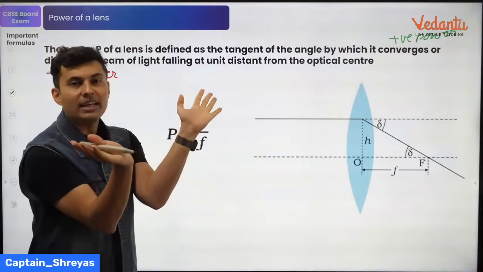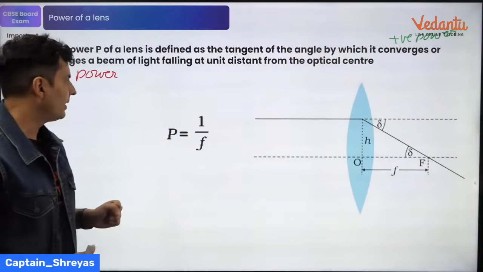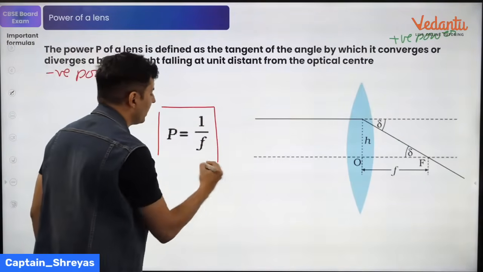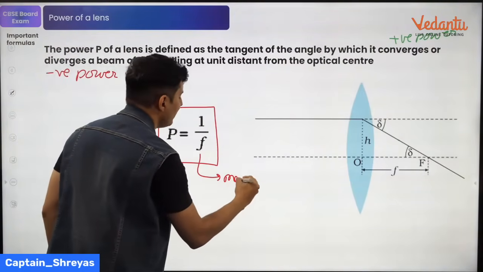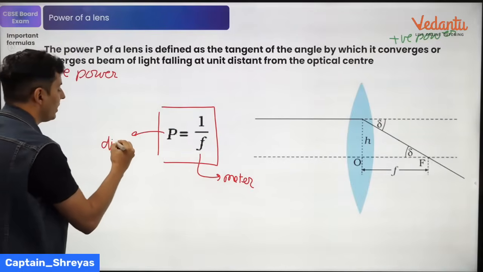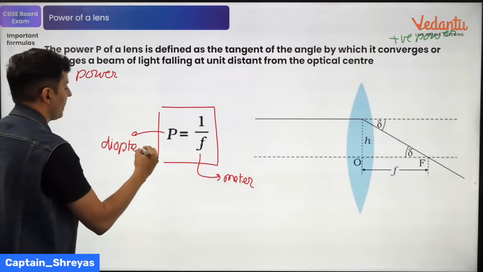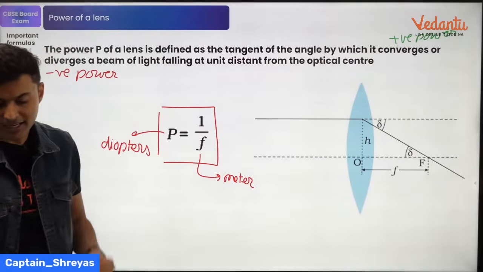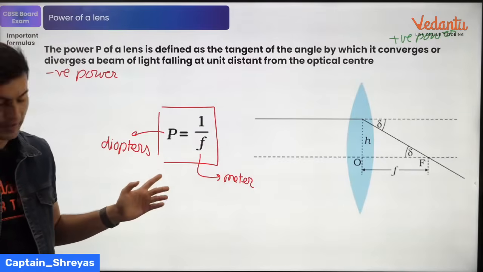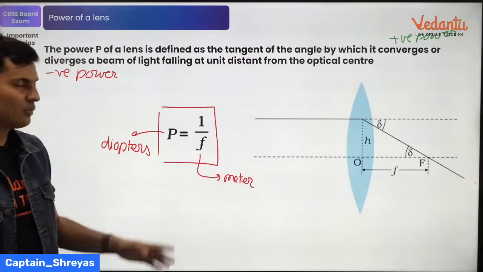If it diverges very easily, it has good negative power. And it is the reciprocal of the focal length. Remember, only if focal length is expressed in meters do you express the power in diopters. Okay, understood, guys? Keep this in mind. So power is 1 by F.